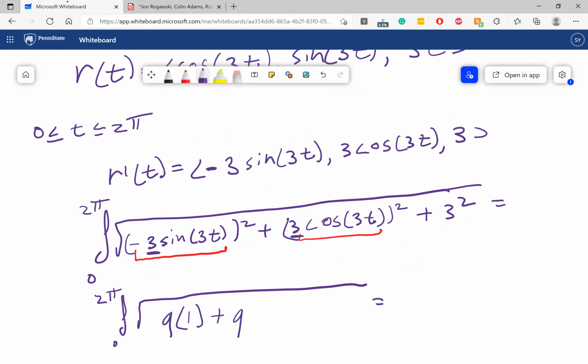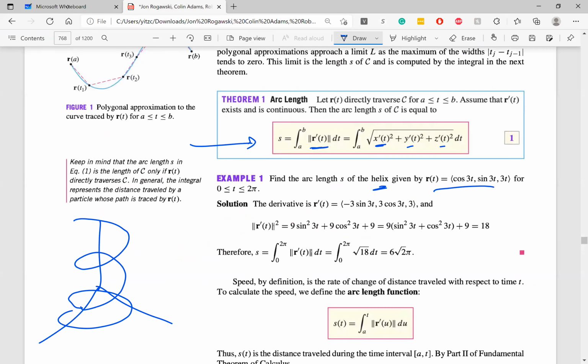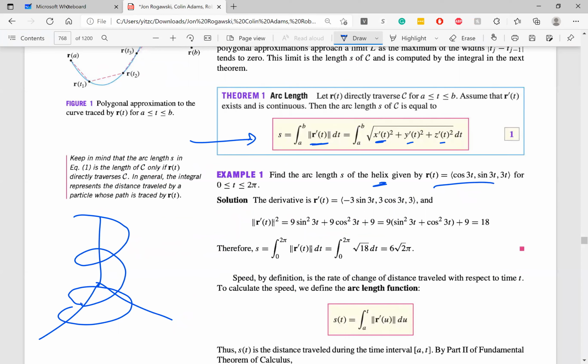Okay, and this is going to be the integral from 0 to 2 pi of the square root of 18, which is going to be the square root of 18 times 2 pi. Yep. So that's over here.